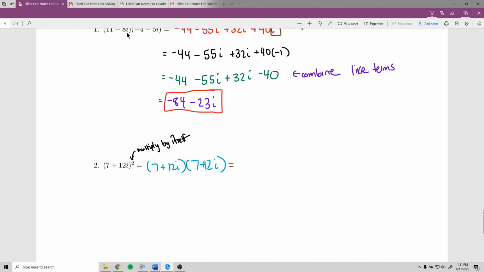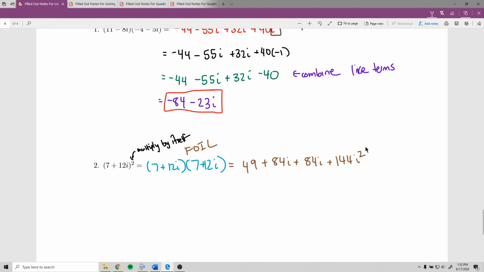We're in the position just like the above problem, we can FOIL it out. 7 times 7 is 49, plus 7 times 12i is 84i, plus 12i times 7 is also 84i, plus 12i times 12i is 144i squared.